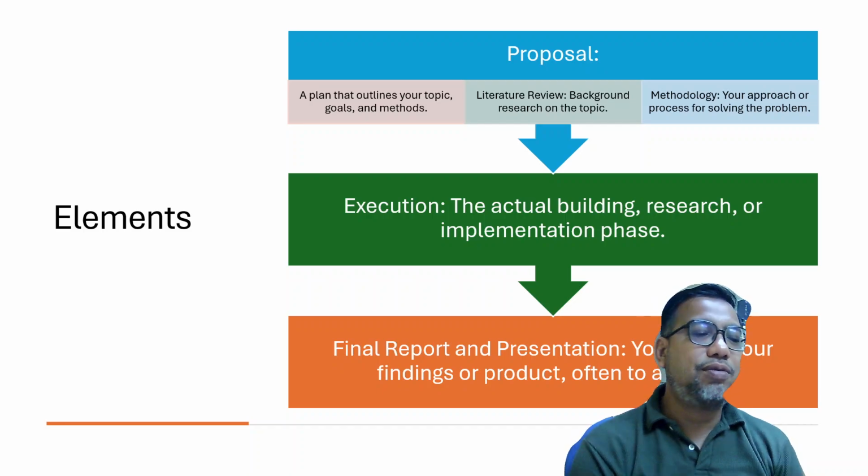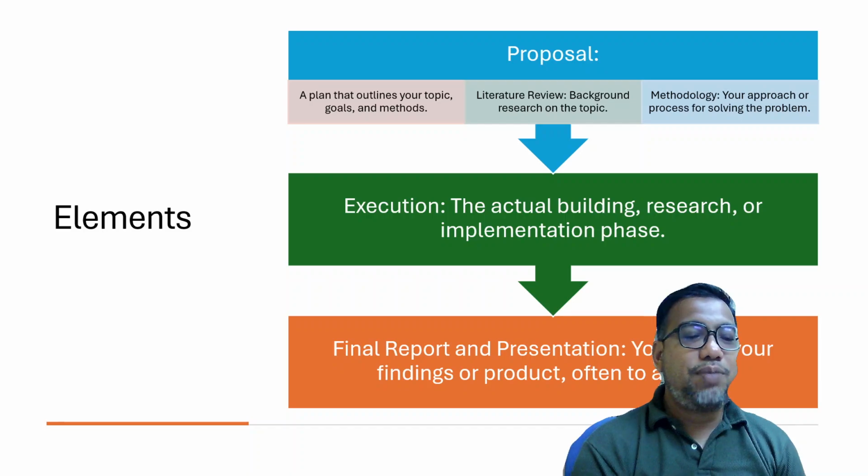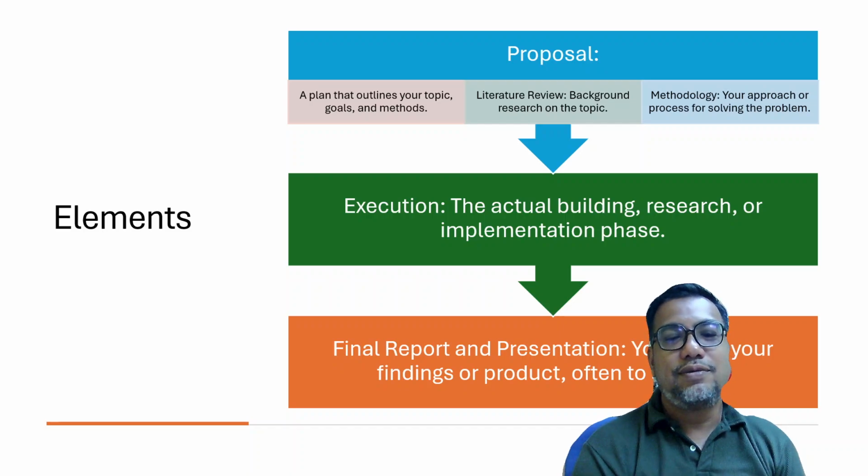Alright. So what are the elements? You have proposal. Proposal is basically your plan. Plan that outlines your topic, what your goals are, what you want to solve, the objective, and so on. And then you give a good review of the background of your project, and then how you want to solve your problem.